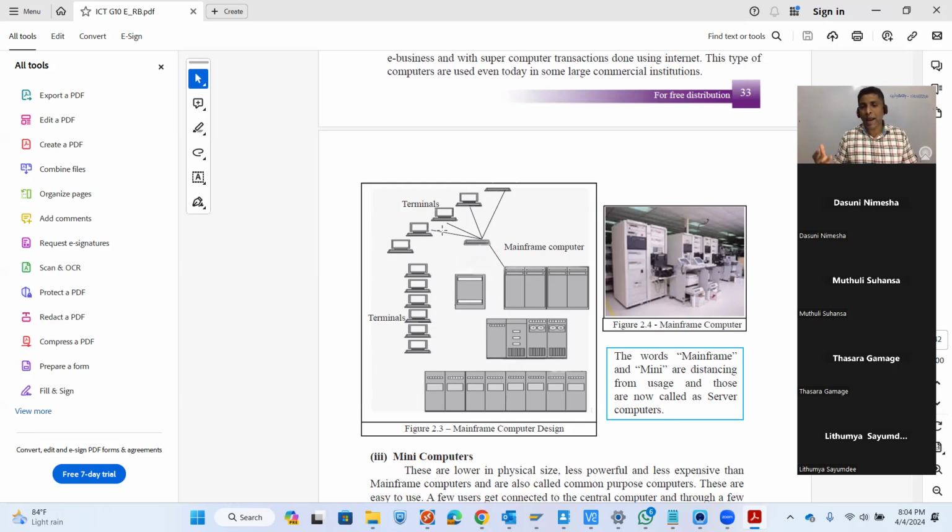Basically, banks use this, right? The mainframe computer is located in the head office, right? And they connected all the terminals across the island. The branches are connected through some cables, right?